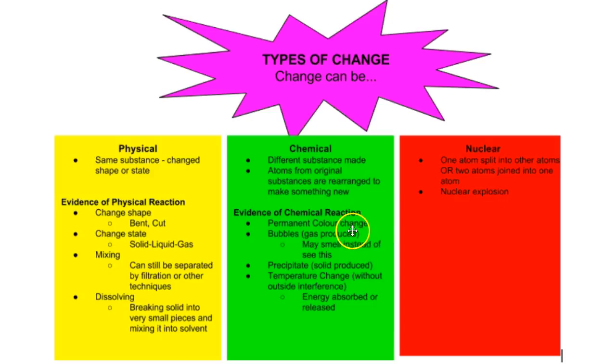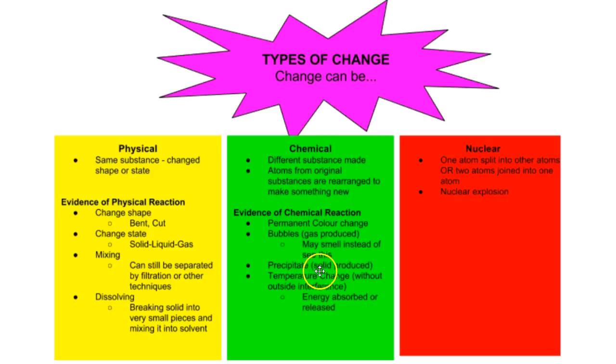You may see gases being produced in the form of bubbles. Or if you don't see bubbles, if it's a very slow reaction, you may just smell it instead. When food is going off, you can definitely smell it, but you don't always see bubbles being produced. But that's because as the food breaks down, a gas is being made from the atoms that were in the food. You will also see a precipitate being made.